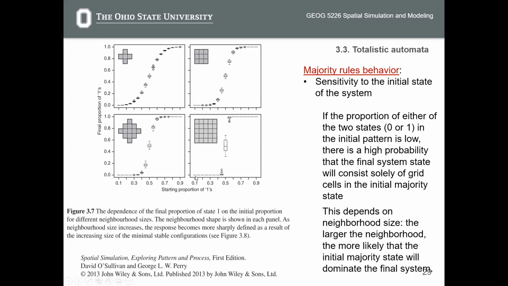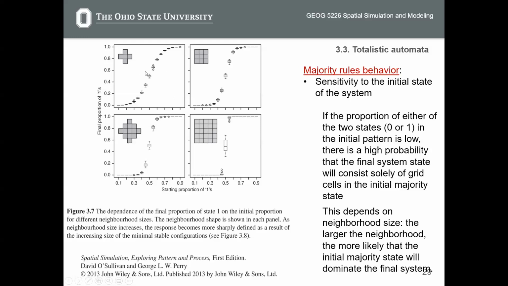There will be no 1 because from 0.1 to 0.4, we have only straight lines for box plot, which means that there is only one possible value, which is 0. Which means the larger the neighborhood you define, the more difficult a minority state will survive the majority rules.